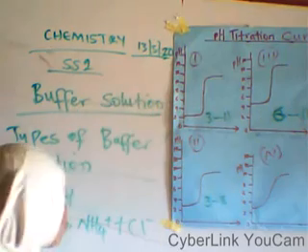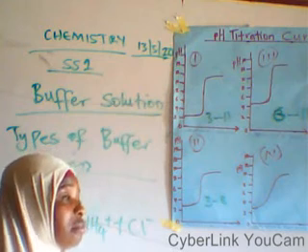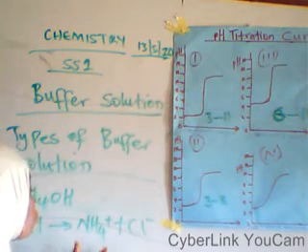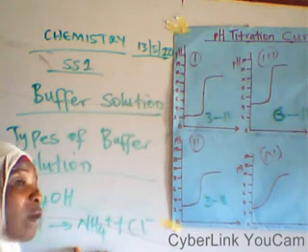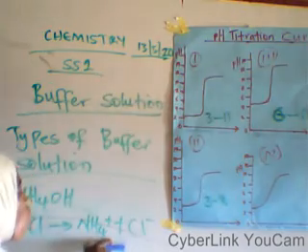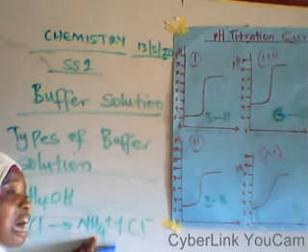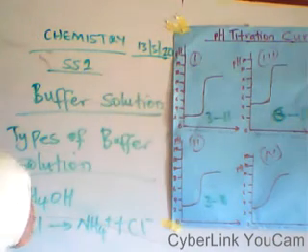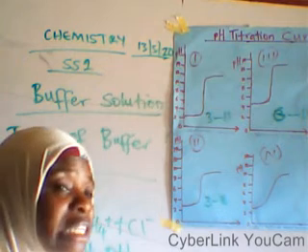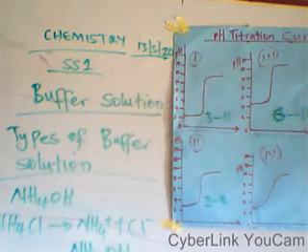So the hydroxide ion produced by the base you added, maybe sodium hydroxide, will not have any effect, because the hydroxide ion will be attracted by this ammonium ion, forming ammonium hydroxide back. So that is how they resist pH change.